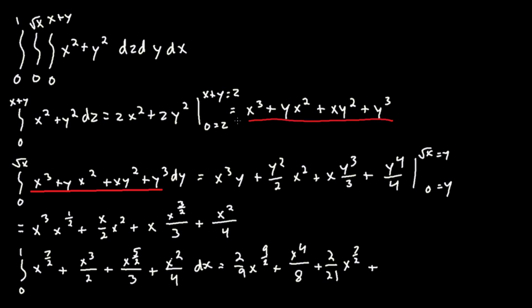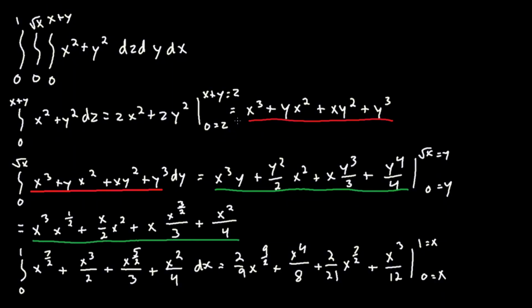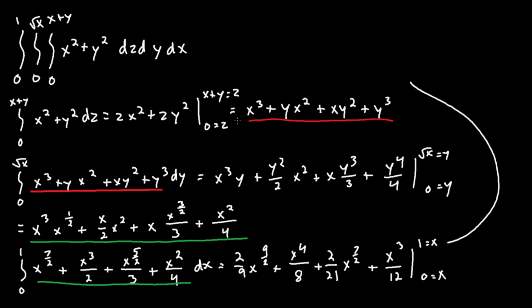And the last one, x squared over 4, is x to the power of 3 over 12. Our bounds are 0 and 1. Underline this integrand for consistency. This is the integrand that we plug into the next integral. And if we plug in 1 for everything, let's draw an arrow because we ran out of space.